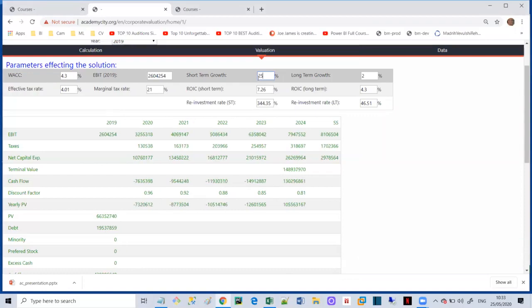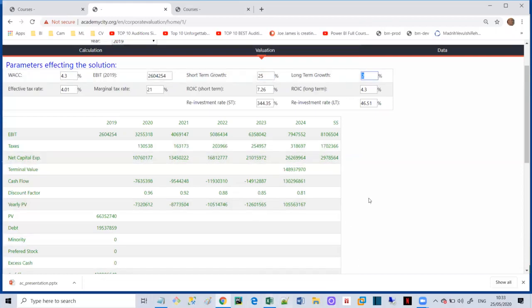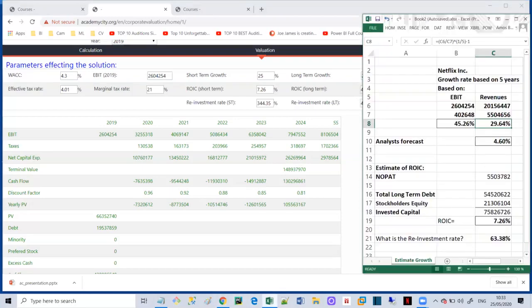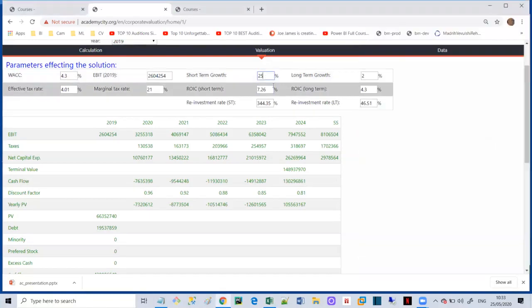And what does good writing mean? It means that nobody can argue with me, that it's hard to find a better number. Nobody really knows what's going to happen in the next 5 years, but at least I have a good explanation why I chose 25.